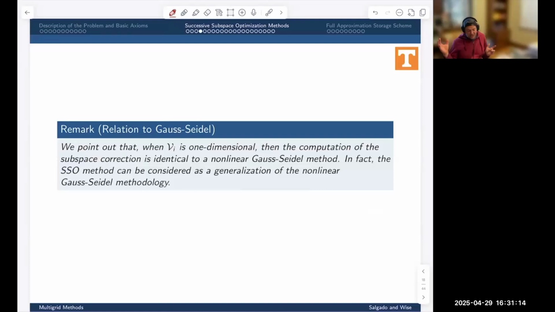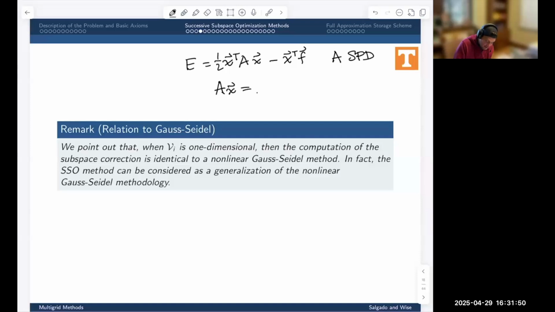So this is sort of a classically known problem. If my energy looks like this, E equals 1/2 X transpose A X minus X transpose F, and A is SPD, then minimizing this energy is equivalent to solving AX equals F. You probably encountered this in a numerical analysis course before.